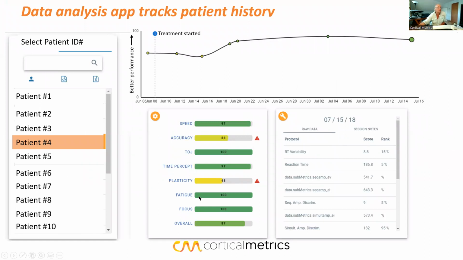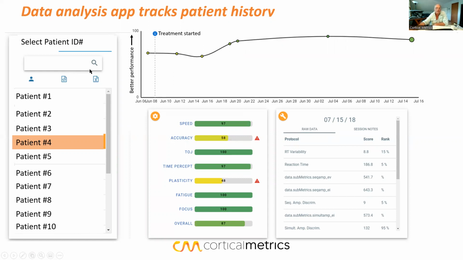What we usually show is this overall score down here, which is a composite of all these scores. All these scores are targeting different mechanisms, different aspects of brain processing or brain function. We're basically adding them up, crudely speaking, and then you get an overall score, and you can see the overall progress. In this case, treatment was started here. There was very little response to treatment. Sometimes treatment takes a while to get going, and then treatment kicked in and started working.